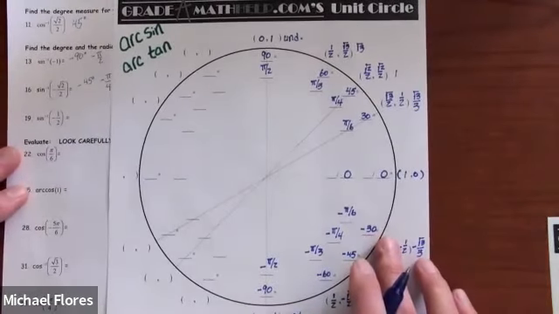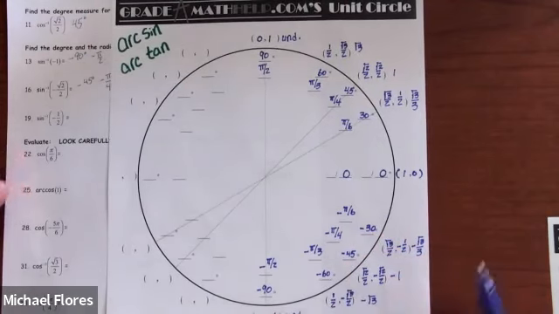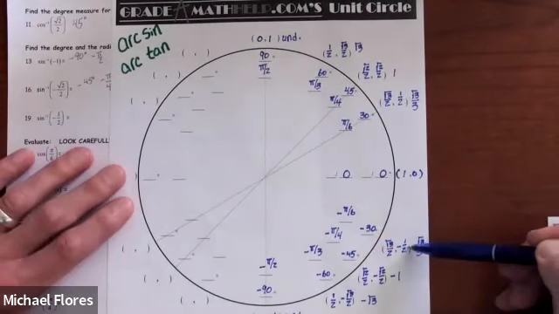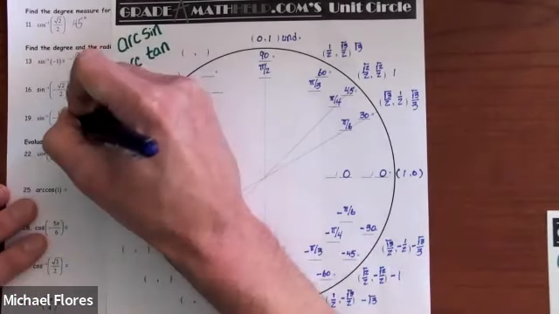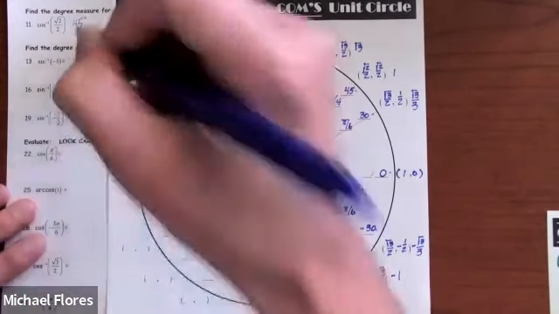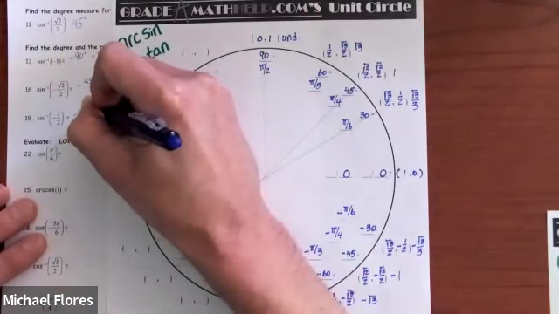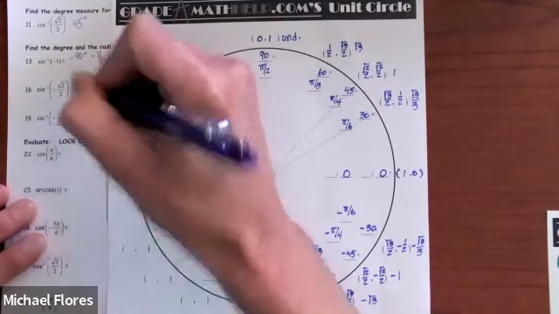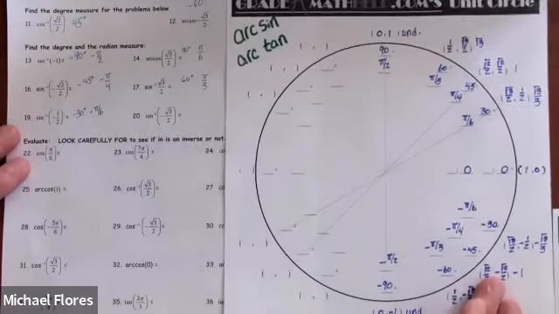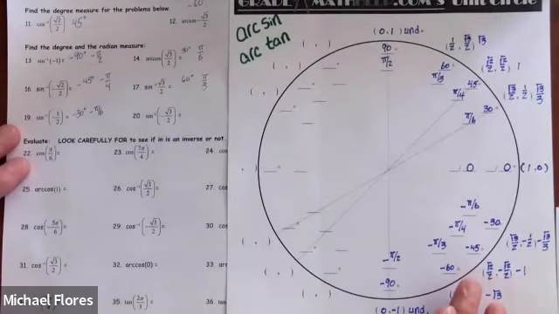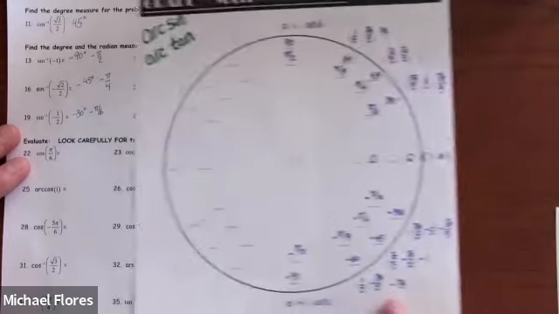Number 19, arc sine of negative 1/2. So which sine value is negative 1/2? There it is. Now, arc sine of negative root 3 over 2.